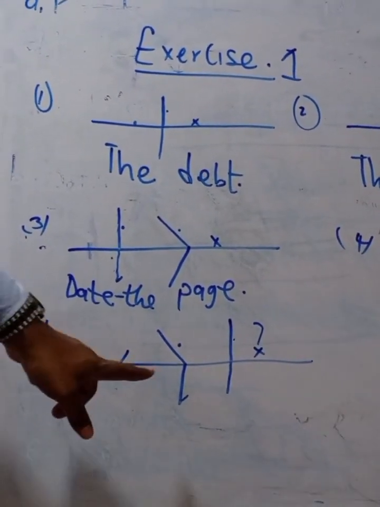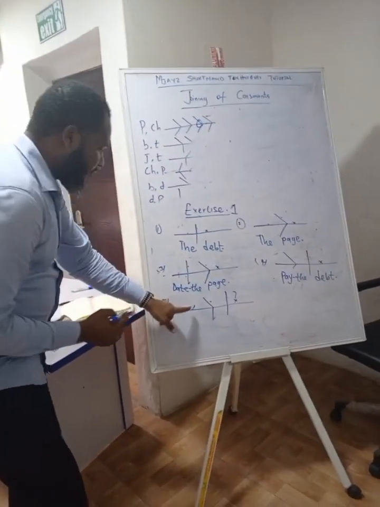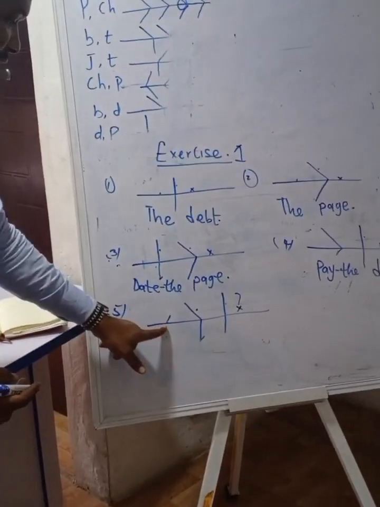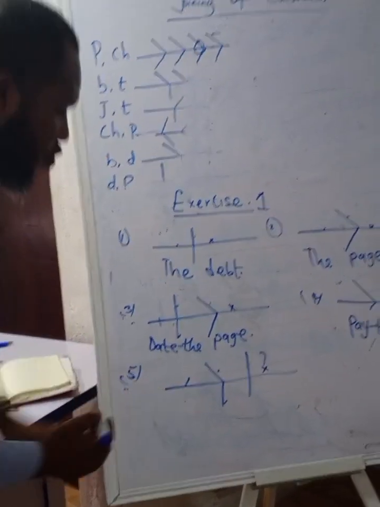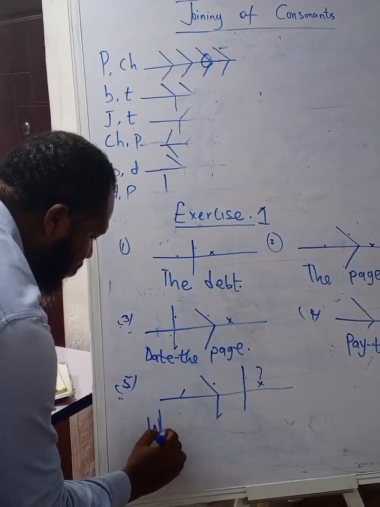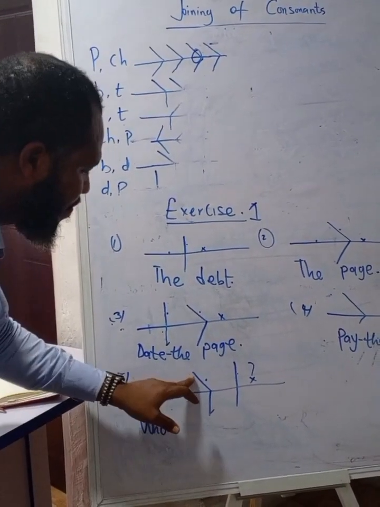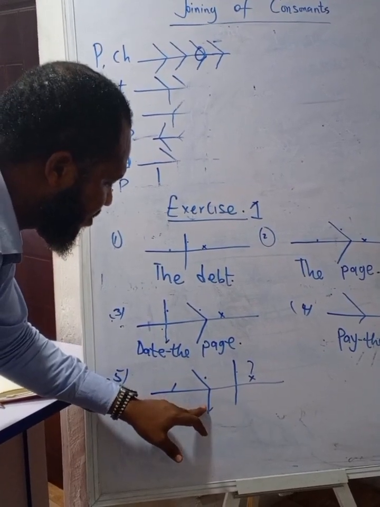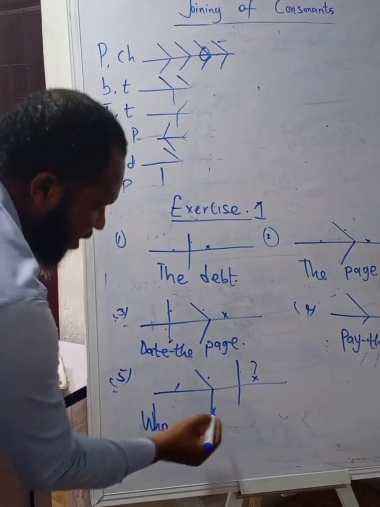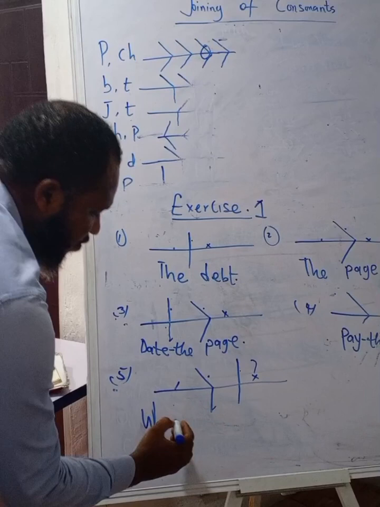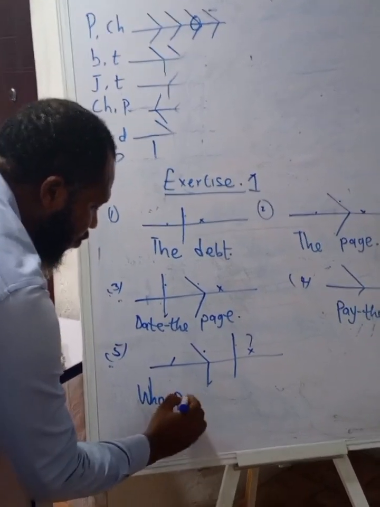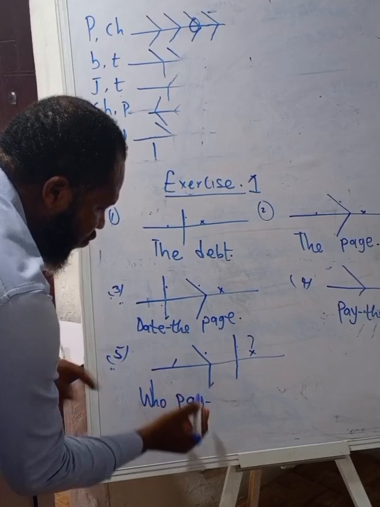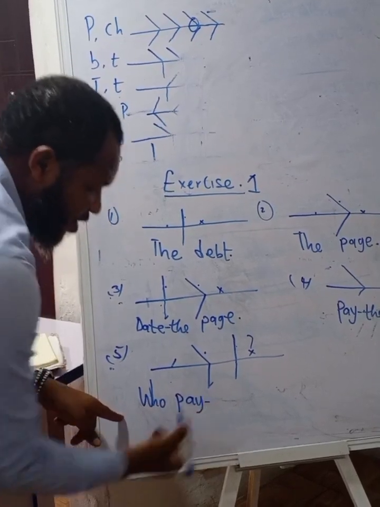All right, we'll look at this. This is part of the short forms we gave. This short heavy one represents who, like I gave in the short forms earlier. So that is who. Then we want to look at the next, which is P, A, D. That is P and D. Then you have the tick D underneath it. So who paid? P, A, D, that is paid.